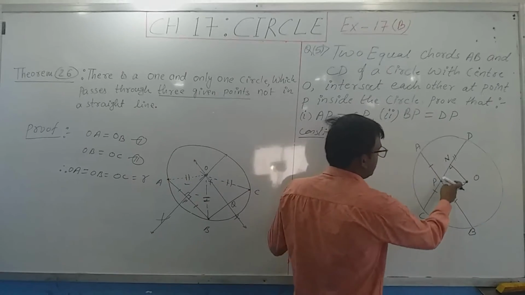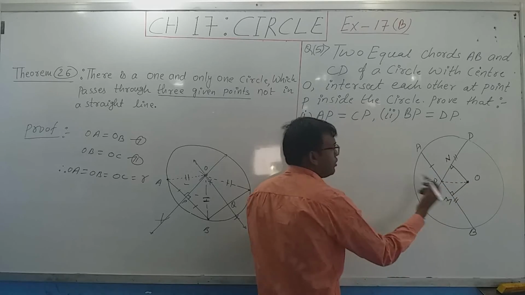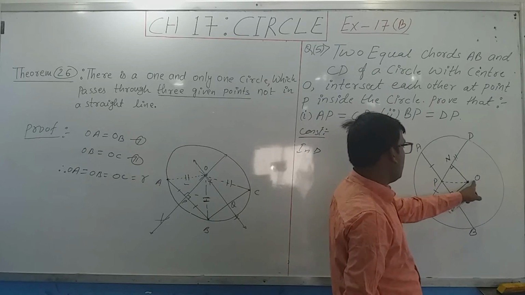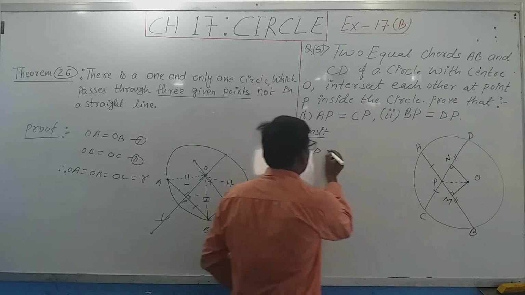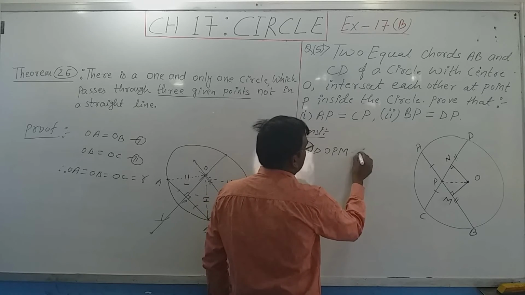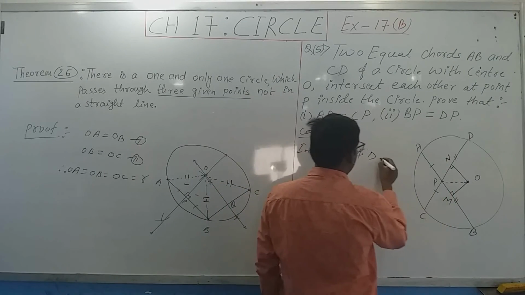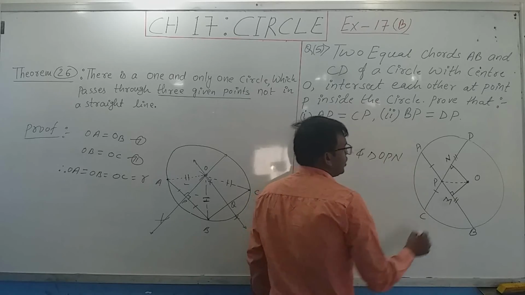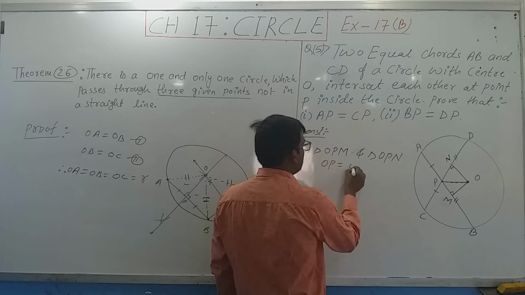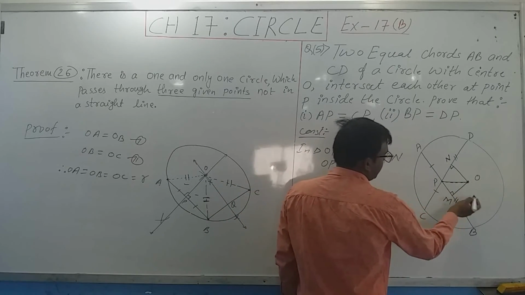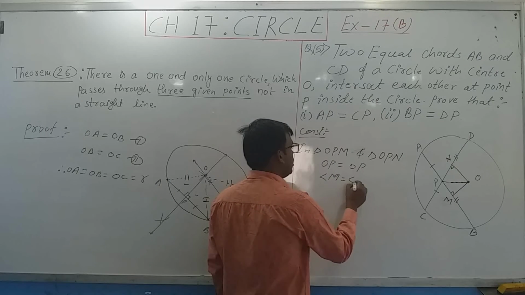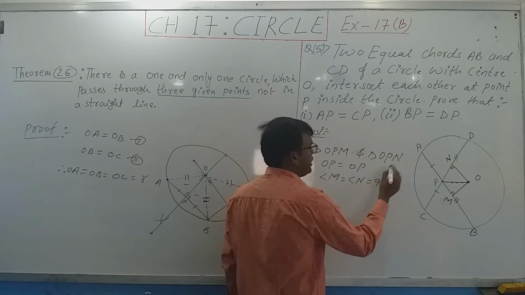Now you prove these two triangles are congruent. So how will these two triangles be congruent? See, in triangle OPM and triangle OPN, OP is equal to OP, which is common, and angle M is equal to angle N is equal to 90 degrees.